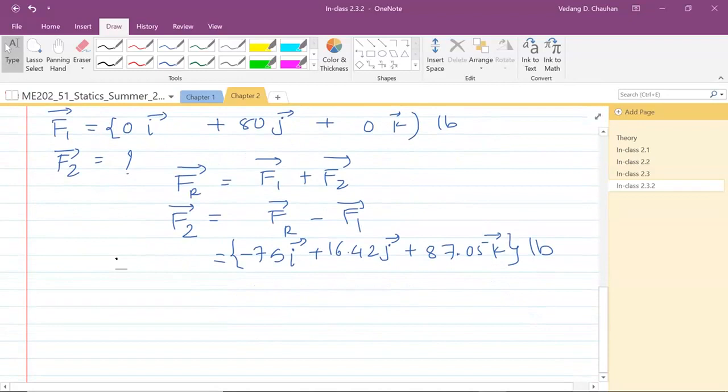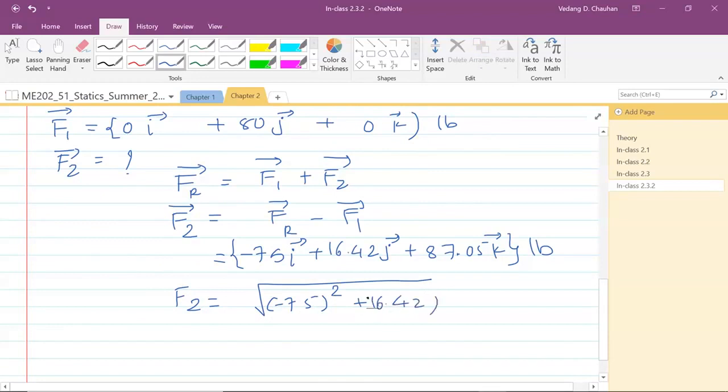Now once we have this vector, we can calculate its magnitude and direction cosines. We can calculate the magnitude of F2 as the square root of the three components squared, that is 75 square plus 16.42 square plus 87.05 square, and that is 116 pounds.